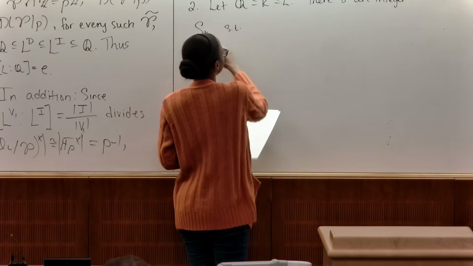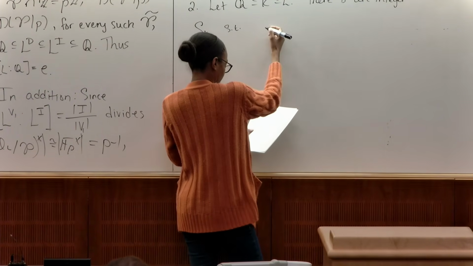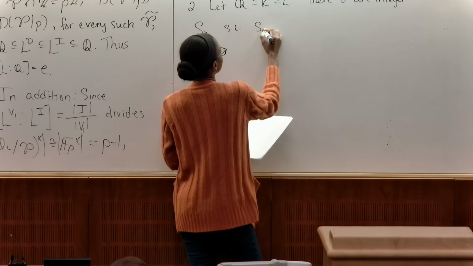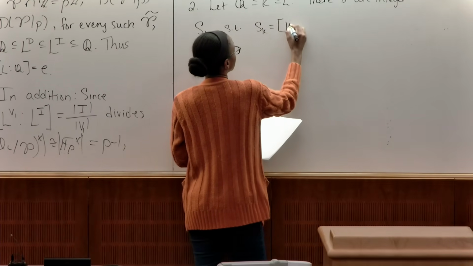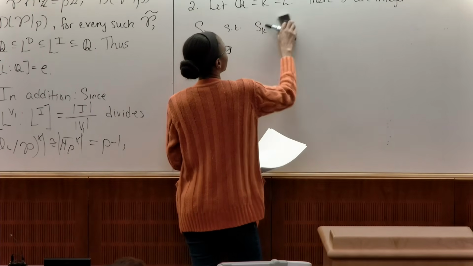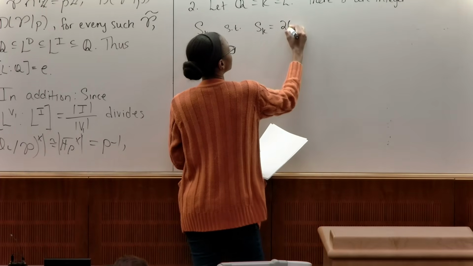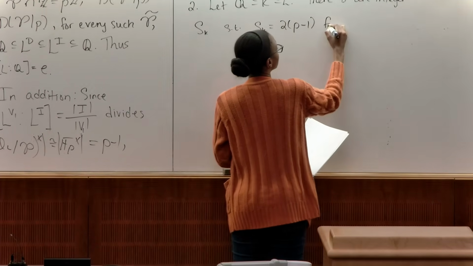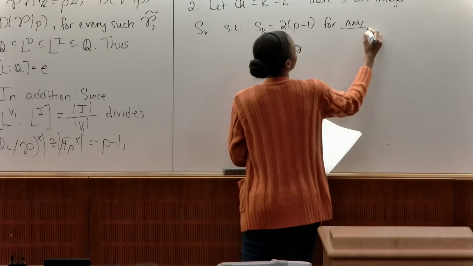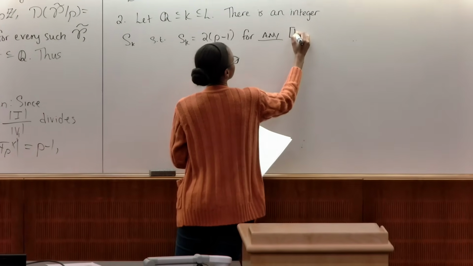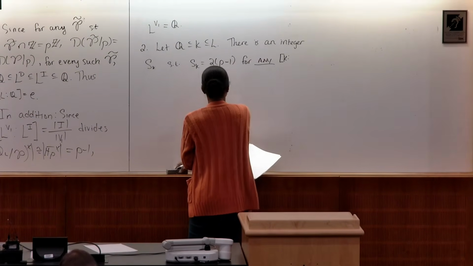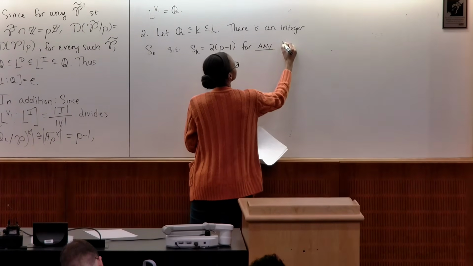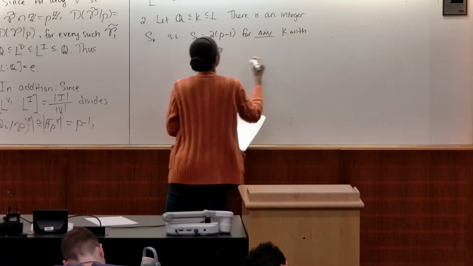So this integer here is going to be equal to, that's definitely not true. It's going to be equal to 2 times p minus 1 for any subextension k that has degree p.